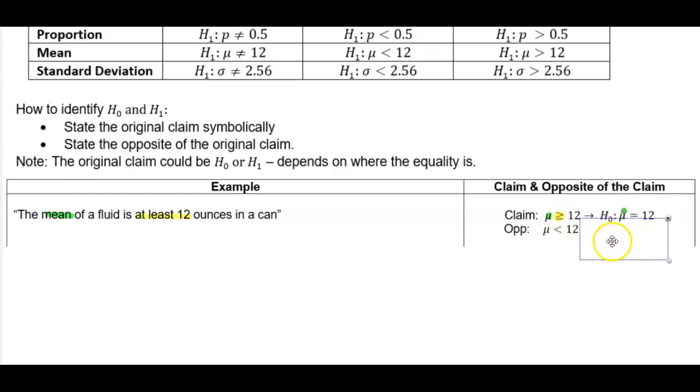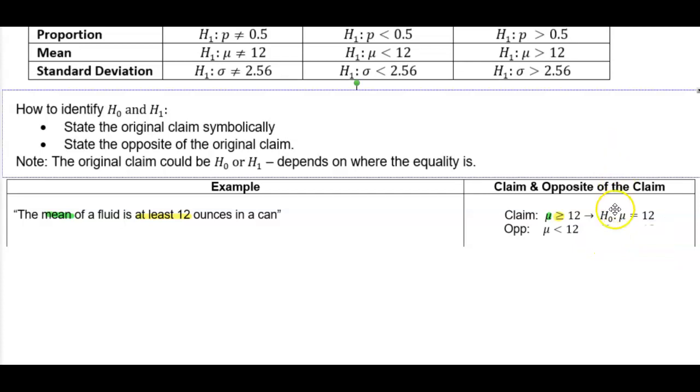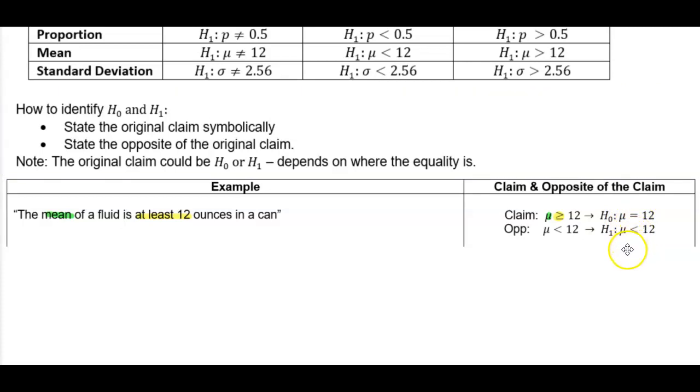So that means that we would say that the null hypothesis has the mean which is equal to 12. And then we would say that the alternative would then be the opposite here. The alternative would be that the population mean is less than 12.